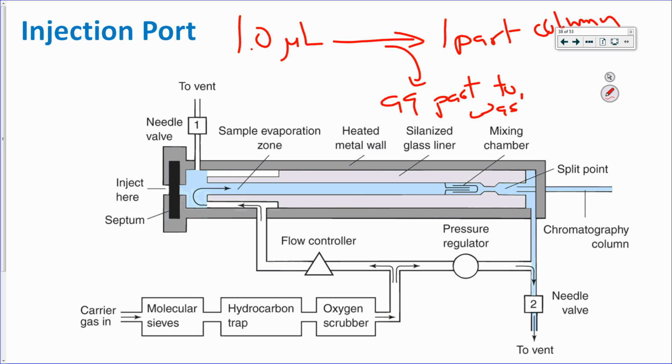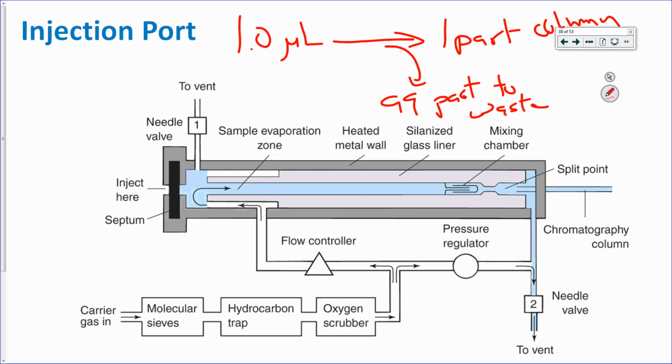Because these columns are so small, they can't even hold a whole microliter. If you take a column that's 50 microns in ID, each meter of length only holds 1 microliter of volume. So if you put a full microliter in there, you're filling up the column for a meter in length. That's not what we do.